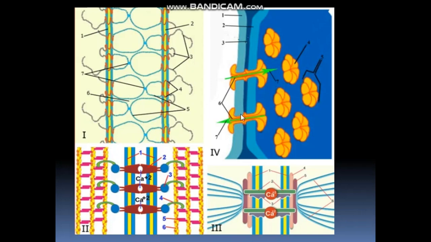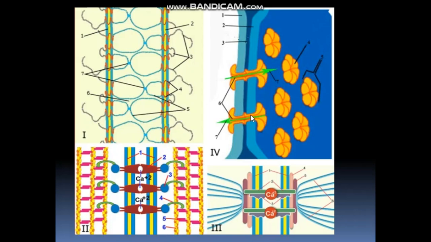When will the gap junction be closed and when will it be open? Actually, it is known that an increase in cytosolic calcium concentration or a decrease in cytosolic pH will close the gap junction, but if cytoplasmic pH is high or calcium is low, it will open the gap junction.